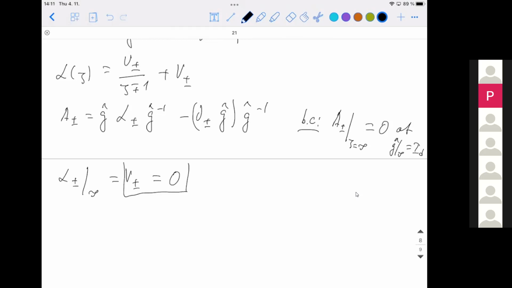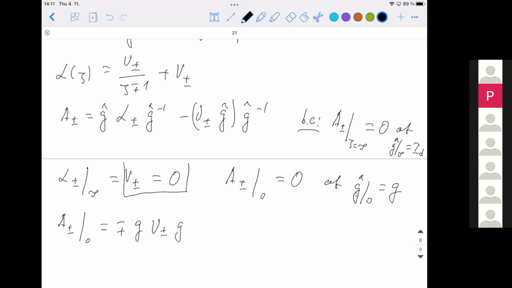And now another boundary condition, A plus minus at 0 to be also 0, where G0 is just G. So we apply this here, and A plus minus at G, and the minus plus G U plus minus G minus 1.